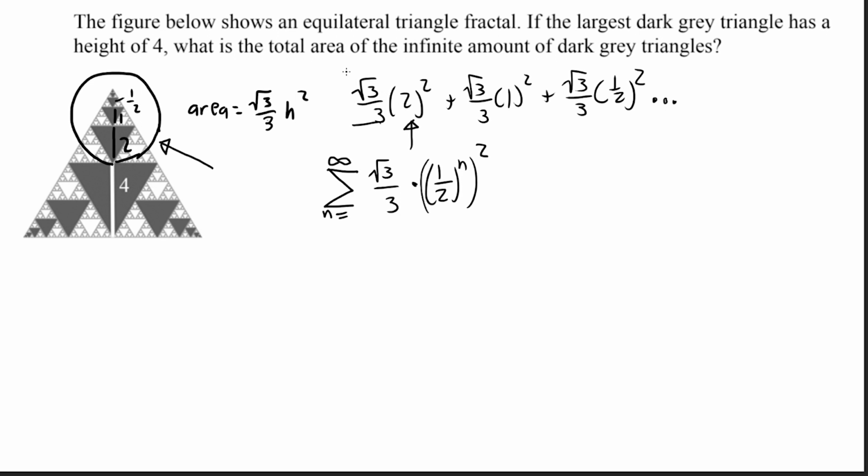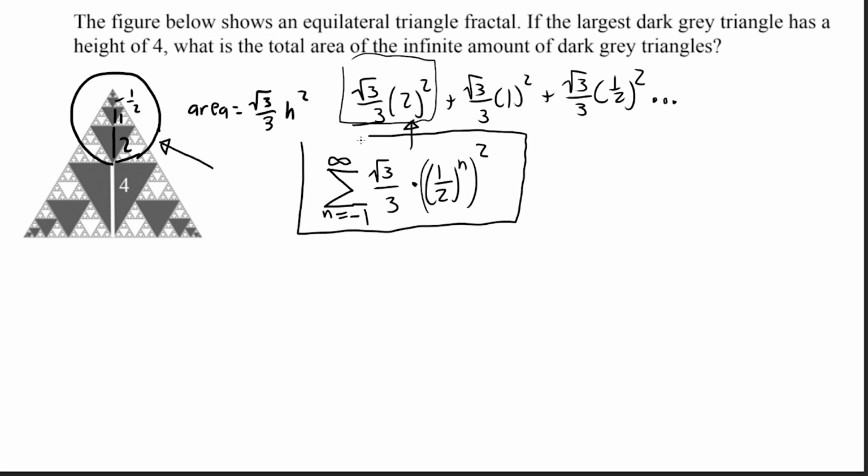And so see how if this is the first term here, and this is going to be 2, we need 1/2 to the n to equal 2. And so 1/2 to the -1 equals 2. So the starting term is going to be -1, or the starting n is going to be -1. And so now we have this infinite series, and we can find the sum of it to find the sum of the area of all these infinite triangles up here.